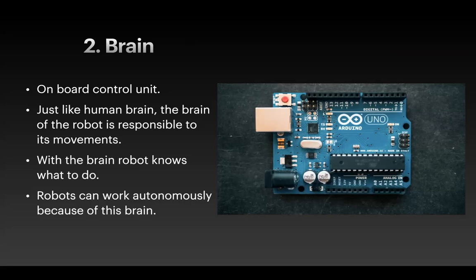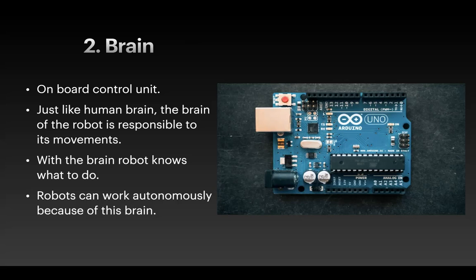Control unit means this is the computer of the robot. From sensors, it gives us information, and then this brain, this microcontroller, Arduino is a microcontroller. This onboard control unit takes information from the sensors and gives instructions to the actuators.